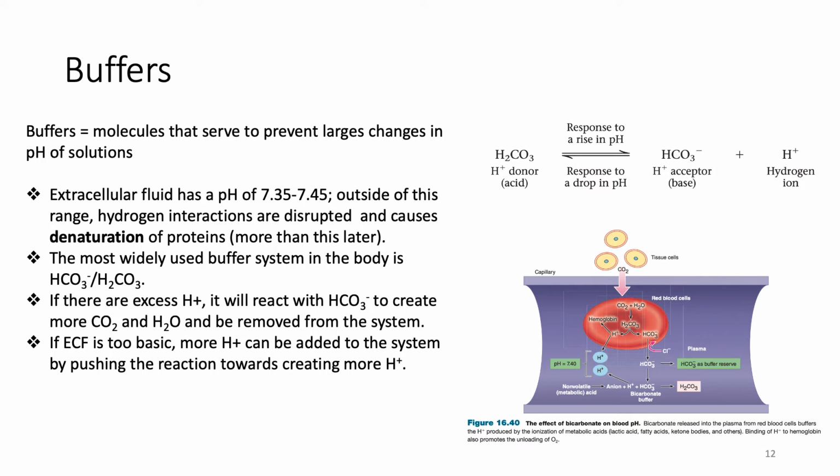This exact buffer system in our blood helps to buffer H plus concentration produced by the ionization of metabolic acids. This way, we can homeostatically regulate blood pH so that it stays between 7.35 and 7.45.